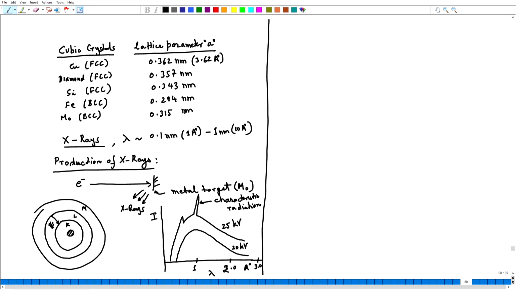It could also happen that an electron from the M shell may jump into the vacant site on the K shell. Then that will also result in a characteristic radiation. So, an electron jumping from the M shell to the K shell produces what is called K beta radiation, and jumping from the L shell to the K shell is what is called K alpha.